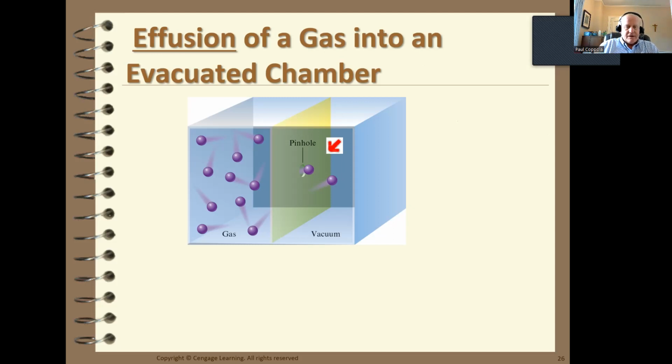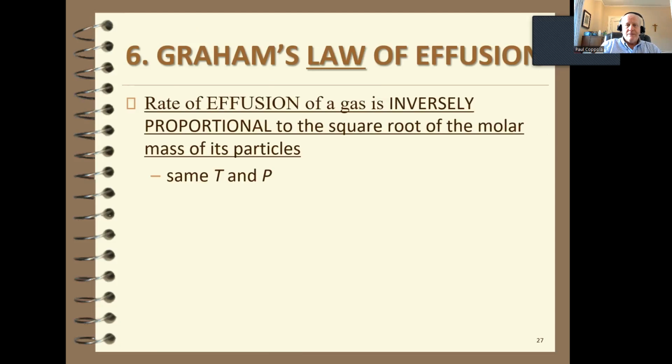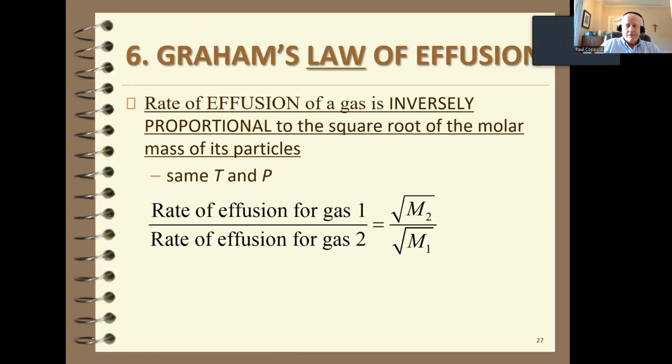All right, let's go to slide 27. Graham's law. You should know this, and it's really not that hard, even though it looks complicated. The rate or speed of effusion of the lighter gas over the rate of effusion of the heavier gas is equal to the inverse of the square roots of the molar masses.